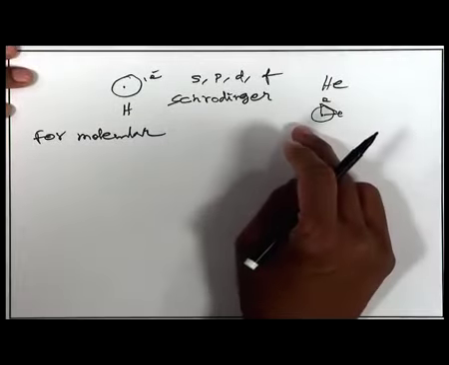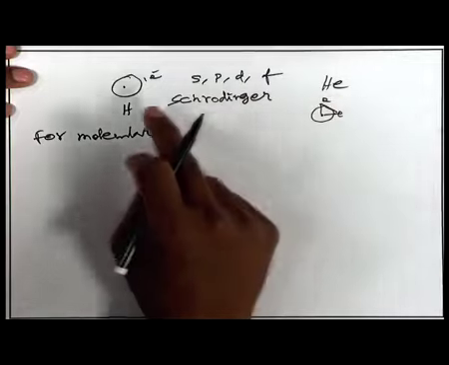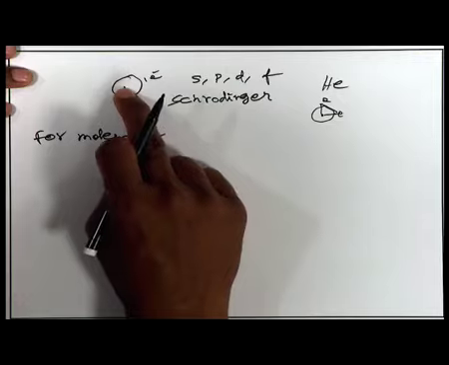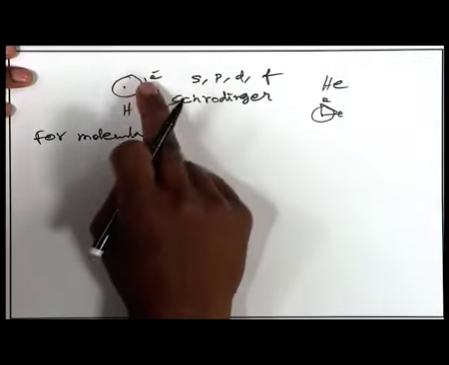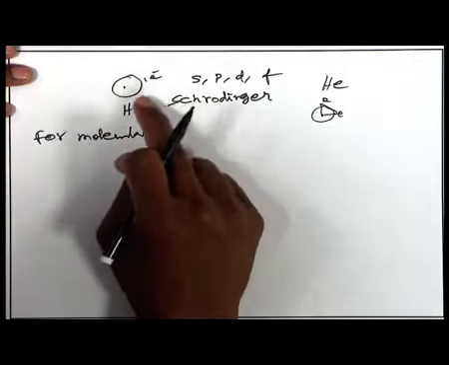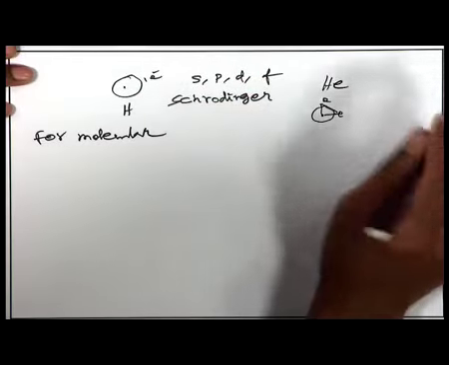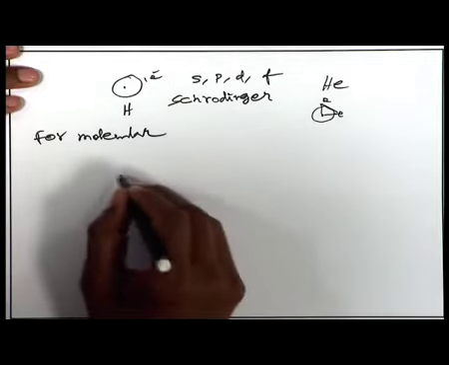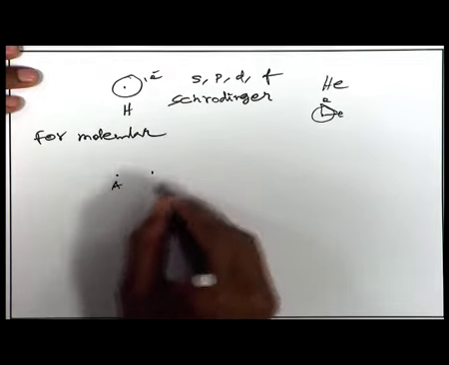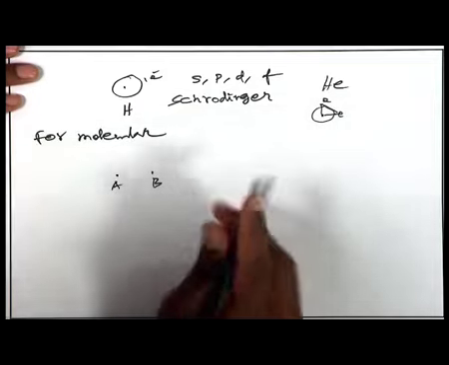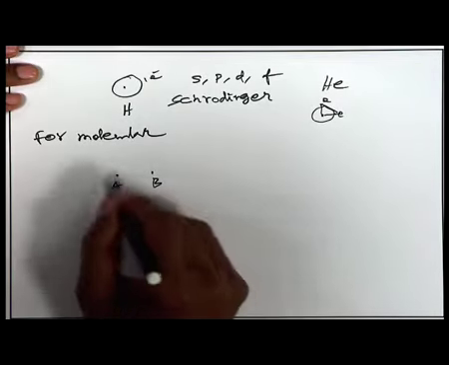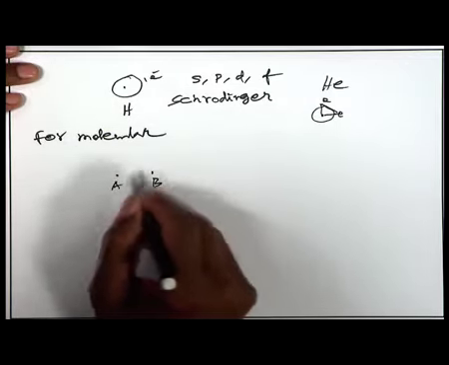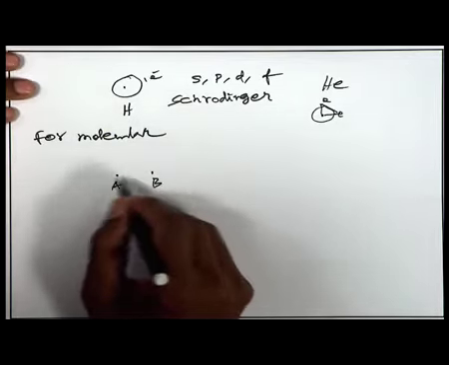If you follow the same way as for atoms, when you build up higher atoms, you are adding protons to the nucleus and electrons to the outermost orbitals. That way you can build up atoms. The same way you can build up molecules by fixing the nuclei. For example, nucleus A and nucleus B in an AB molecule, and then you add electrons to the energy levels, that is the molecular orbitals, orbitals formed by molecules.